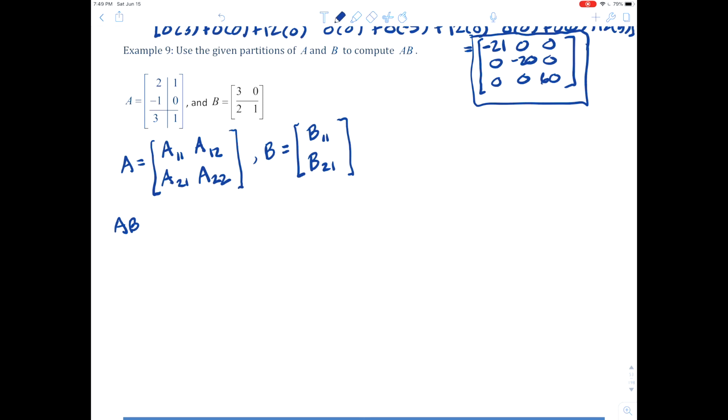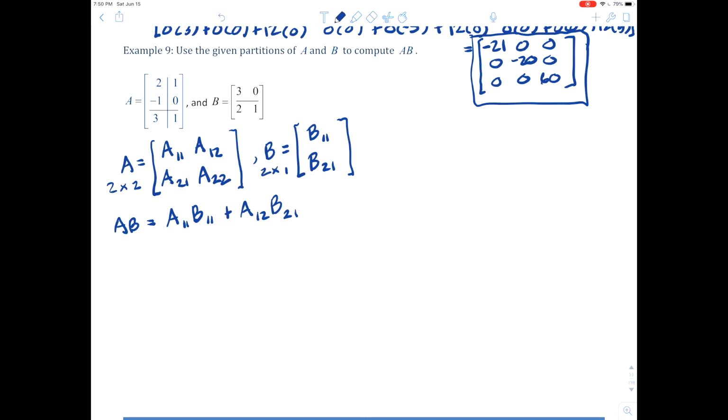So A times B is equal to, well, we'd have A11 times B11 plus A12 times B21, and that would be what? What's the size of the matrix we're going to get? Matrix A in this form is 2 by 2, and matrix B is 2 by 1.